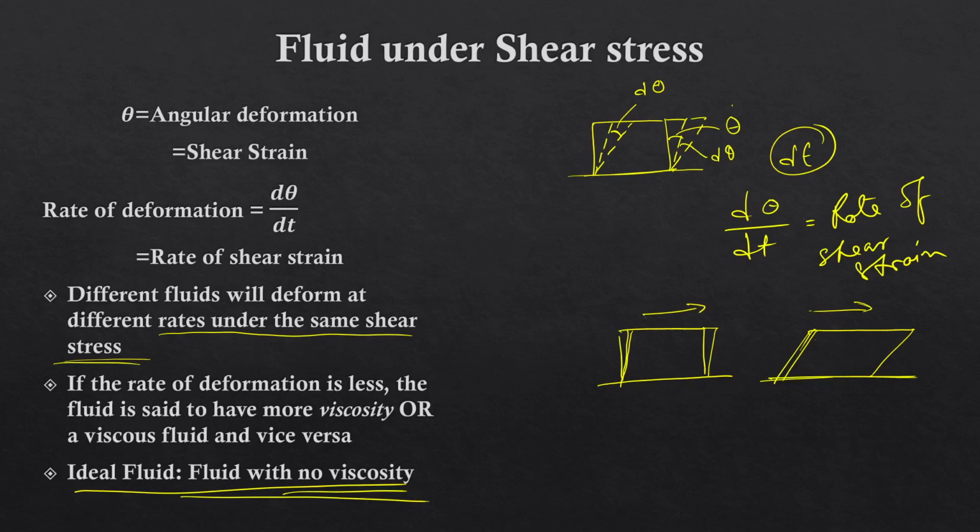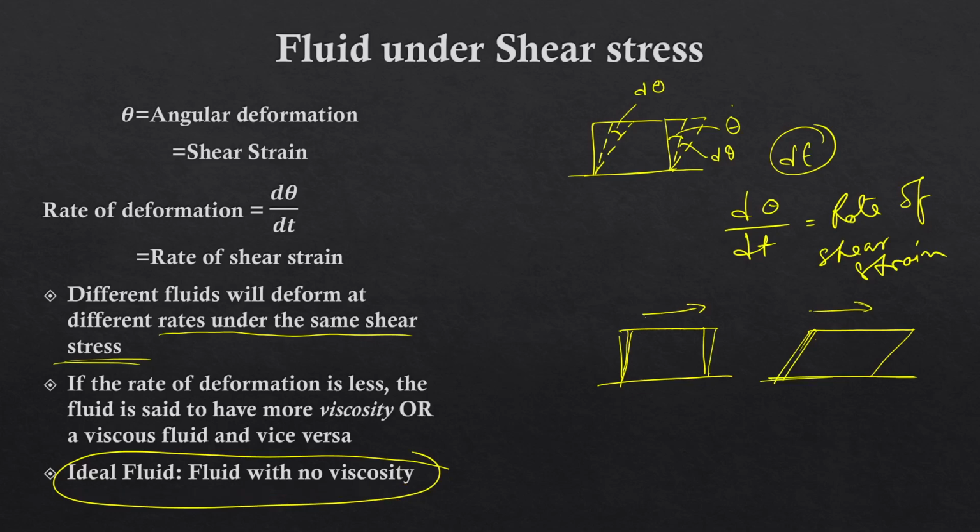Generally, that happens in case of large-scale flow phenomenon. For example, flow in oceans, flow in rivers, etc. So in that case, all the other forces are so dominant that viscosity becomes almost irrelevant, and there we assume the fluid to be an ideal fluid. So in reality, no fluid is actually ideal. Any real fluid will always have some amount of viscosity, no matter how small.